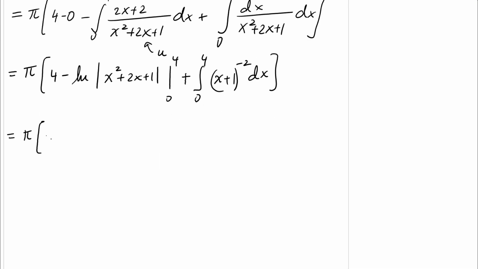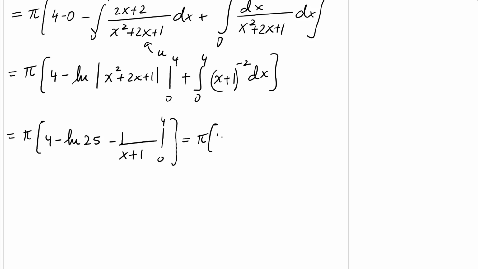So we get pi times 4 minus ln of 16 plus 8 plus 1, 25, minus ln of 1, which is 0, plus, and this one is (x plus 1) to the negative 2 plus 1 over negative 2 plus 1, so it's minus 1 over x plus 1 evaluated from 0 to 4.